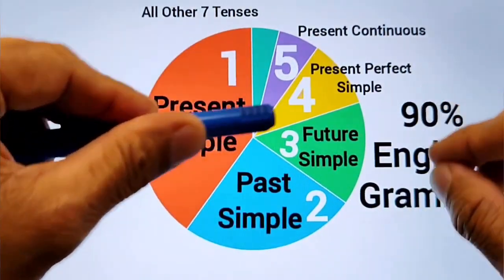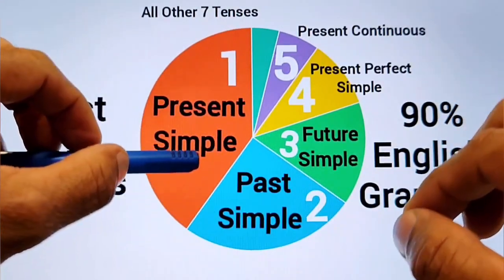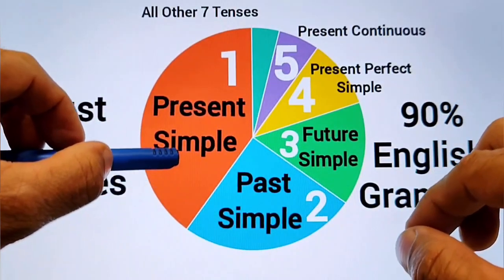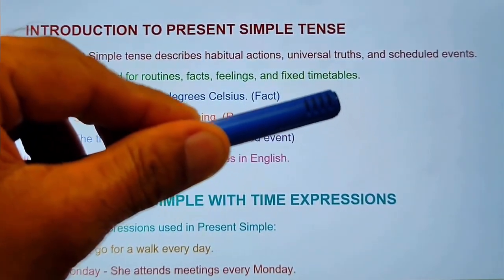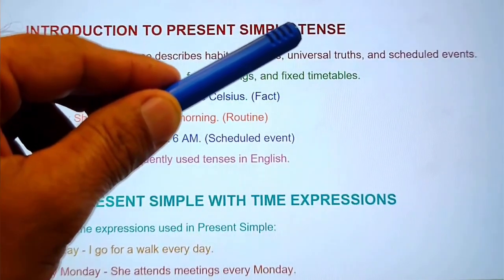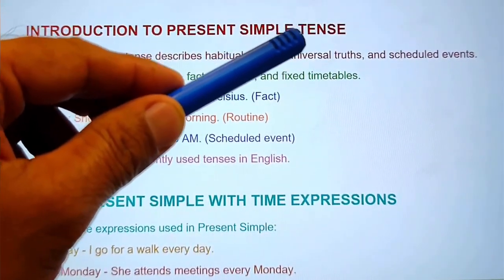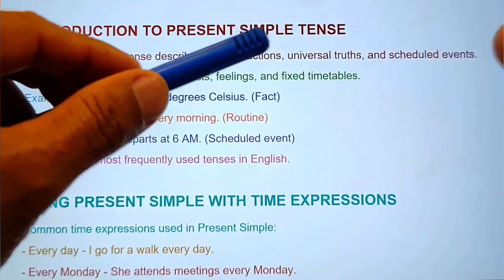So first of all, we focus on present simple tense to understand it in a better way. Today we are going to discuss in detail how we use present simple tense in sentences and how to remember it very easily.